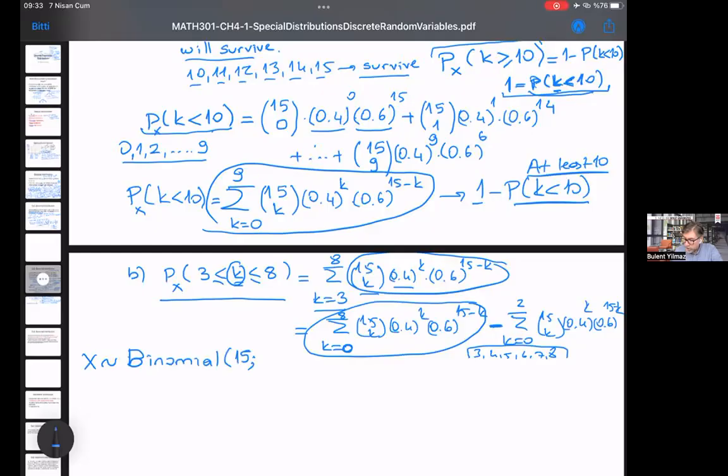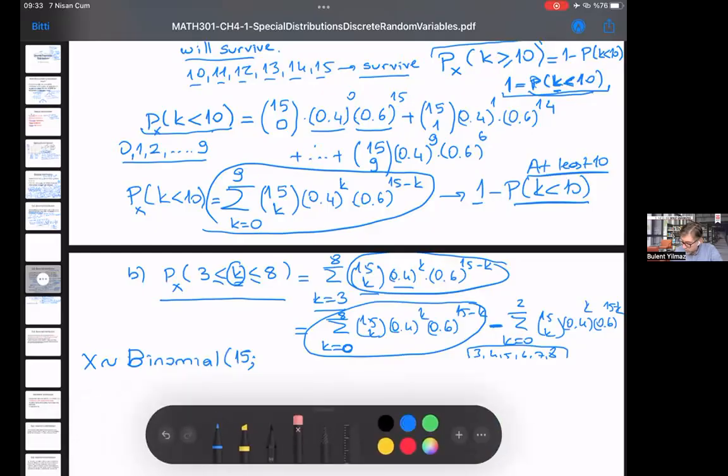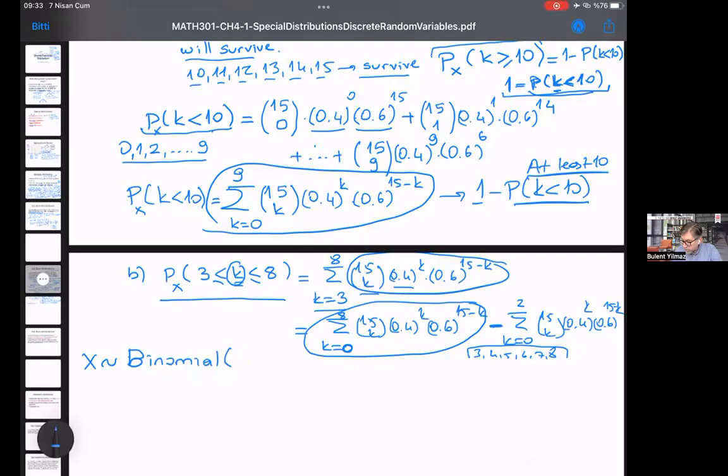Let's say actually it is like this. The number of people I'm interested in K, okay, and there are 15 people, and the probability is 0.4. So this is the representation of this, okay?